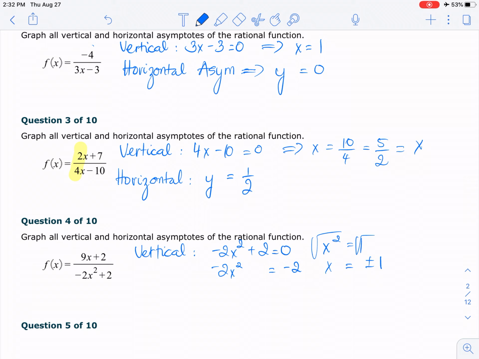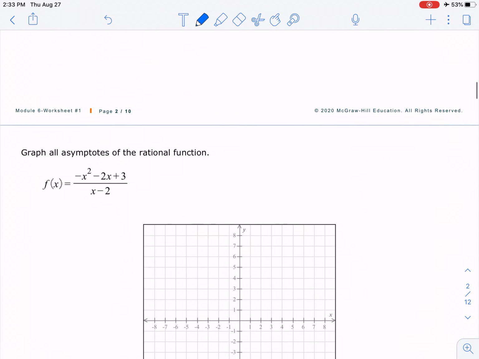Now, we check the degree of the top is 1, and the degree of the bottom is 2, so the top is less than the bottom. So the horizontal asymptote is simply y equals 0.